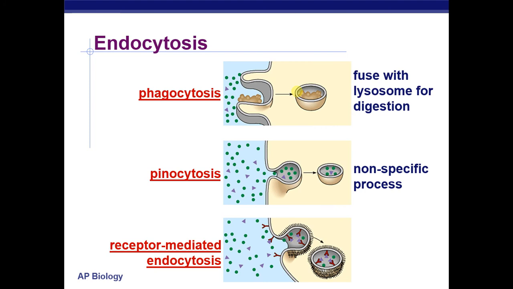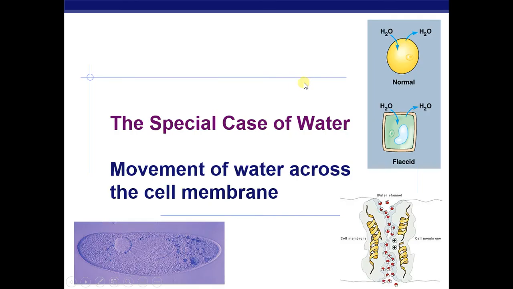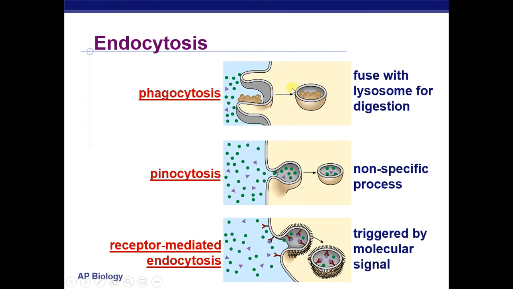So here's an example of endocytosis. And then exocytosis would be just if we went the opposite direction, starting with it already in the vesicle and then merging with the plasma membrane and spilling its contents out of the cell.